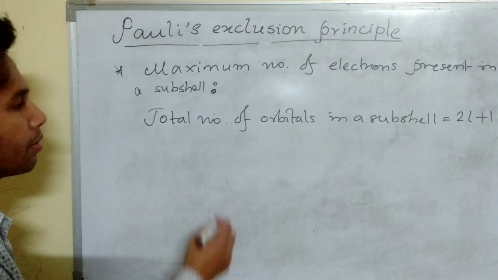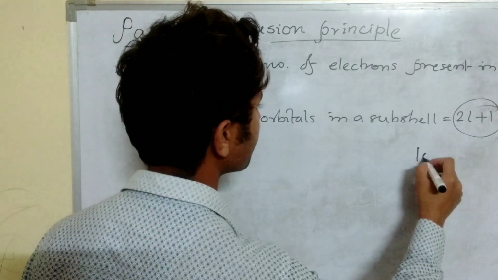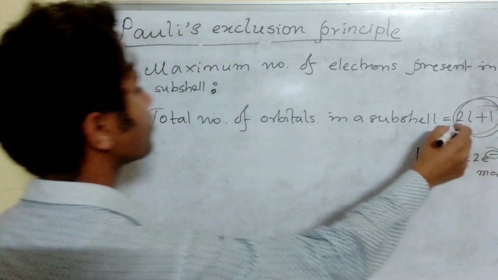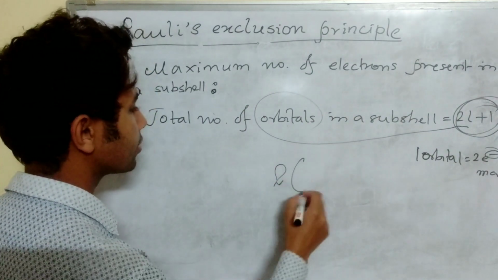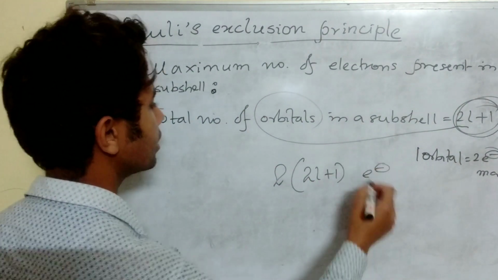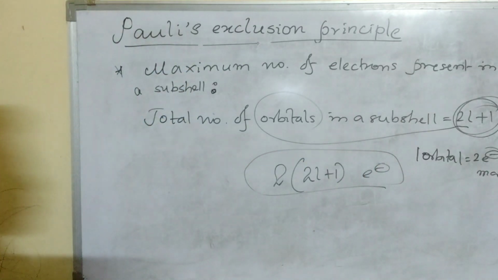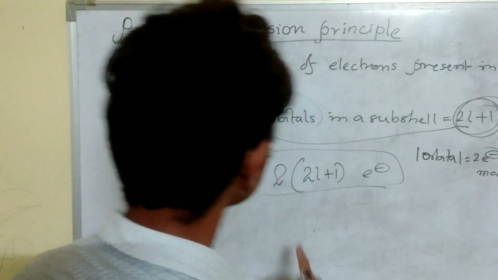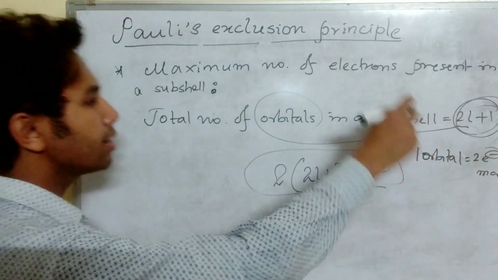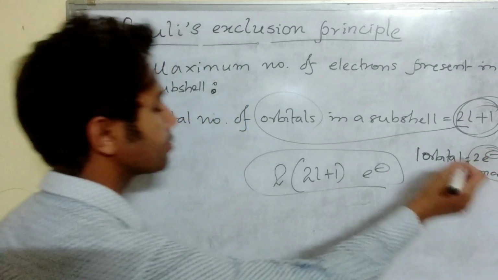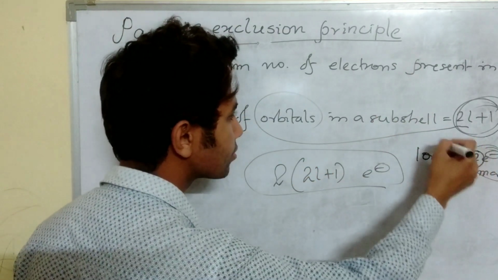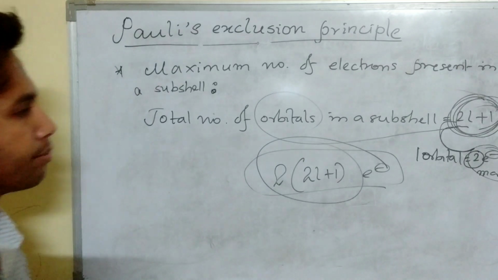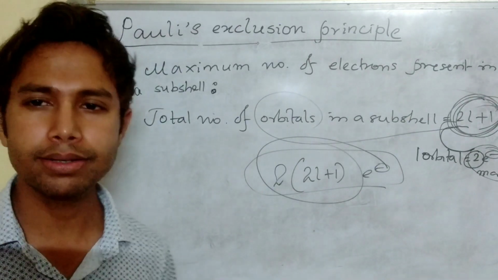So if one orbital can accommodate a maximum of 2 electrons, then 2l plus 1 orbitals will be able to accommodate 2 into (2l plus 1) electrons. This is the number of electrons that may be accommodated in a subshell.